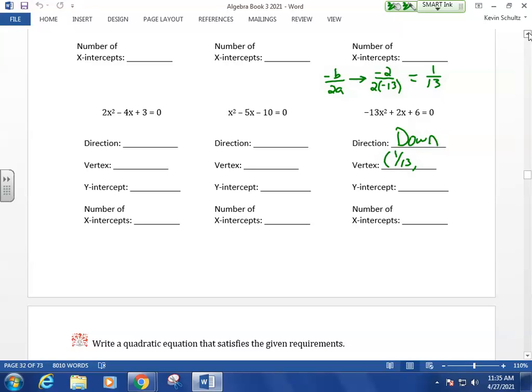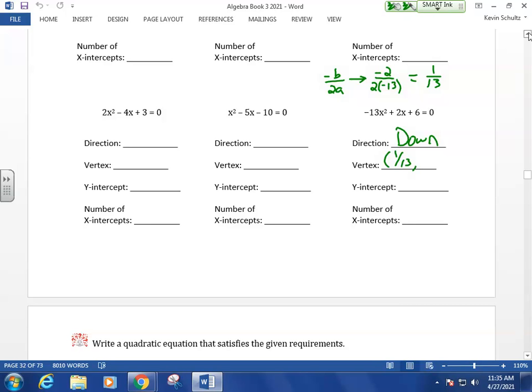Okay, positive 1/13. Just as a sidebar here, is this parabola going to be narrow or wide? Very narrow, actually. Remember, the further away we get from 0, whether it's positive or negative, the narrower it gets, and -13 is pretty far away. The closer to 0 we are, that's where it gets wider.